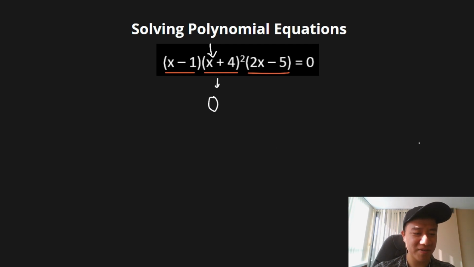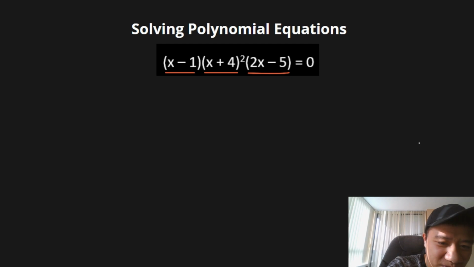Basically, the solutions to this equation, the x values that will work, are going to come from each one of these brackets. We just need to make these brackets equal to 0, and the values for x that make these brackets equal to 0 are the solutions for our entire equation.